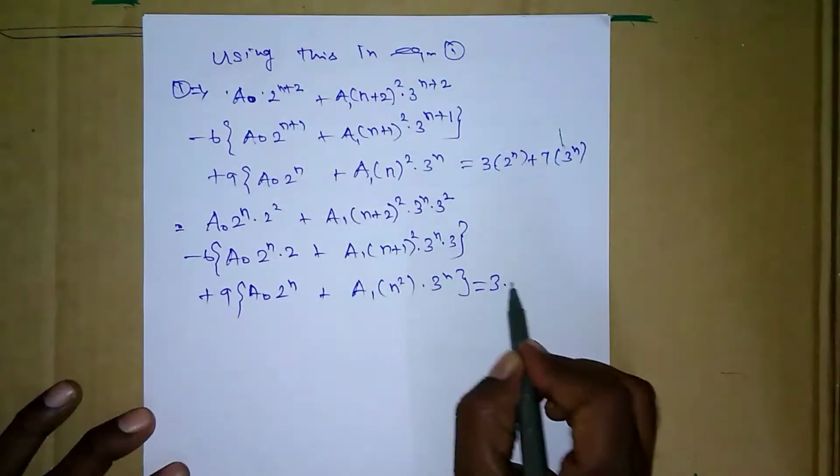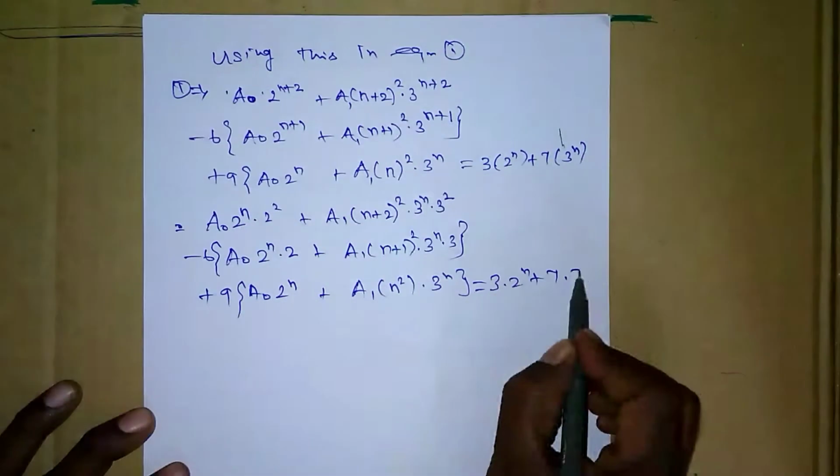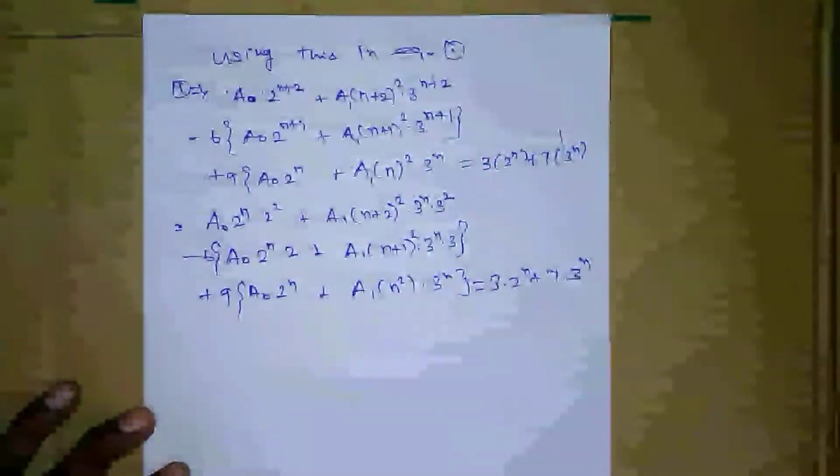This is equal to 3 into 2 power n plus 7 into 3 power n.